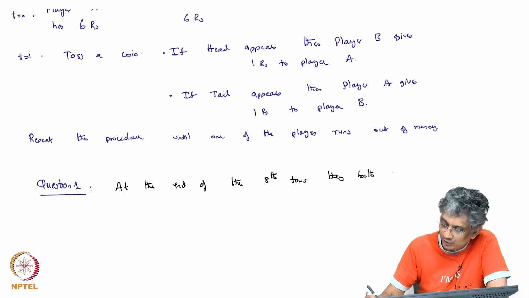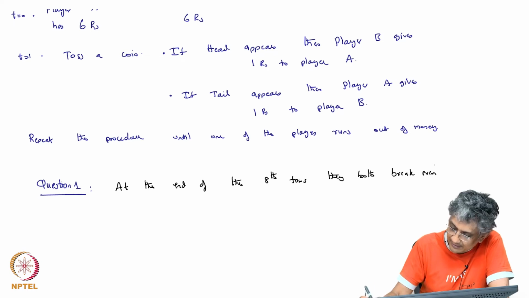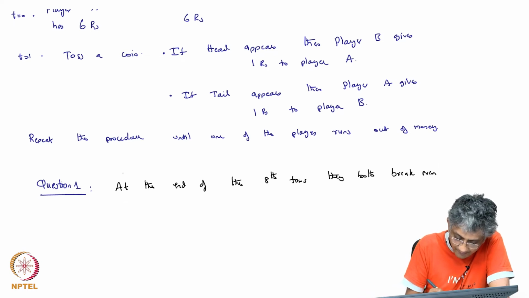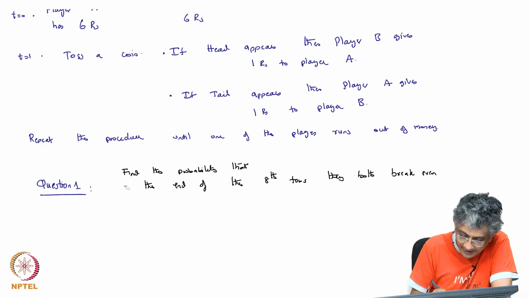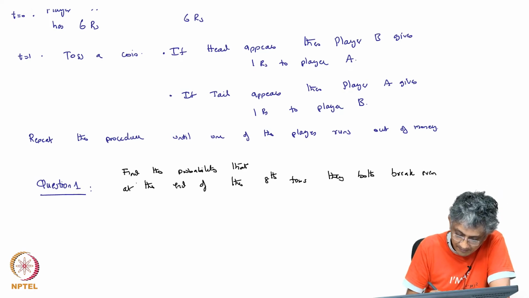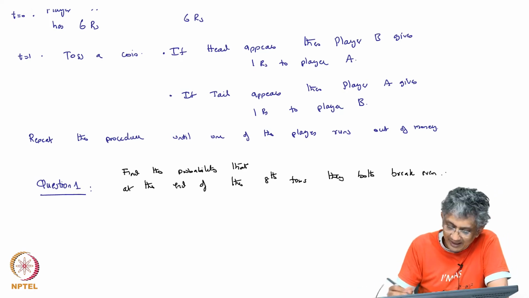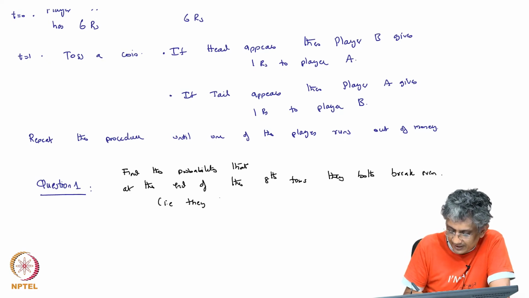That means they have not lost or gained money. Find the probability that at the end of the 8th toss they both break even.